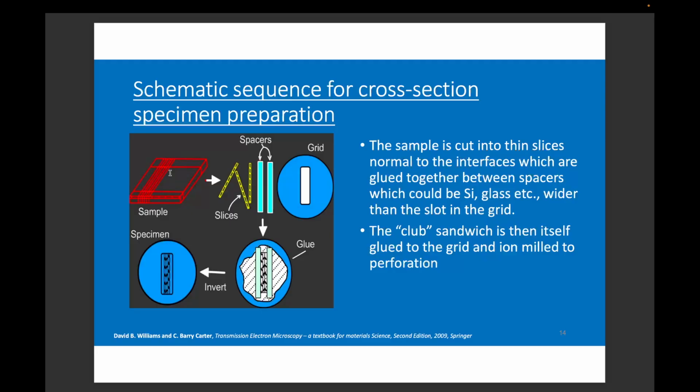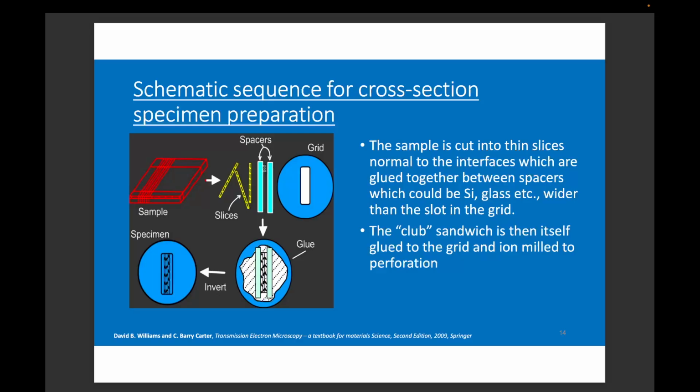So people who want to view the cross section of the thin film, it is not possible to, let's say for some silicon wafer, those are very thin. So if we want to see the TEM image of those kinds of specimen, then we have to go for this cross section specimen preparation. First we slice those specimen, and then all these small slices we put inside the spacers.